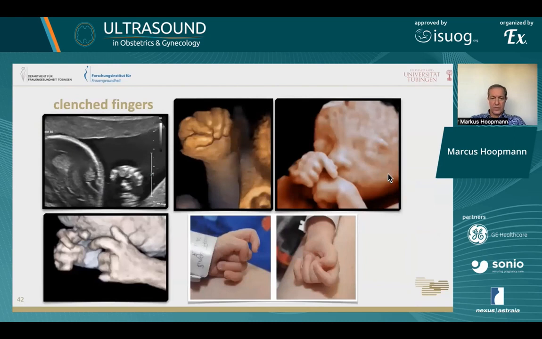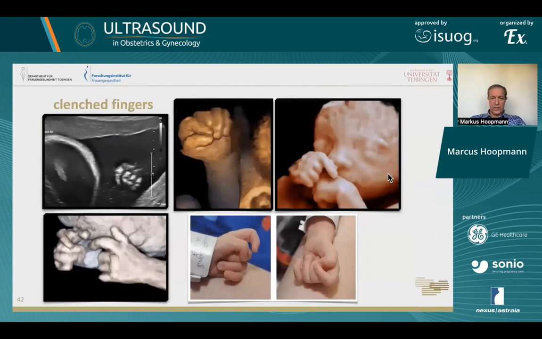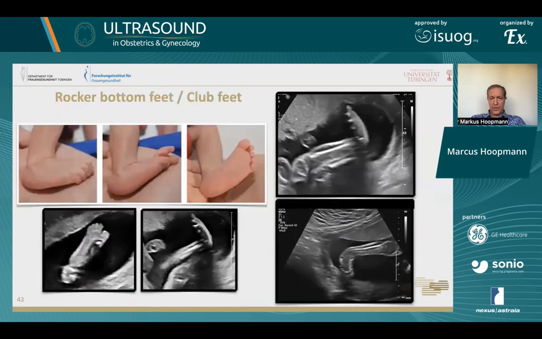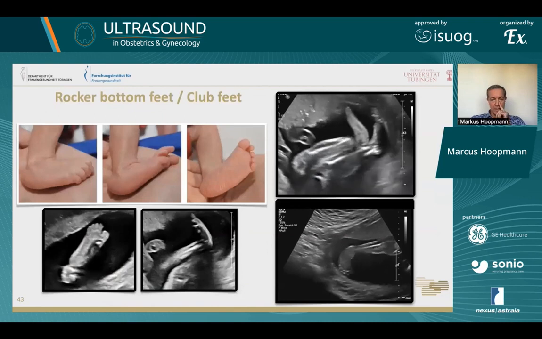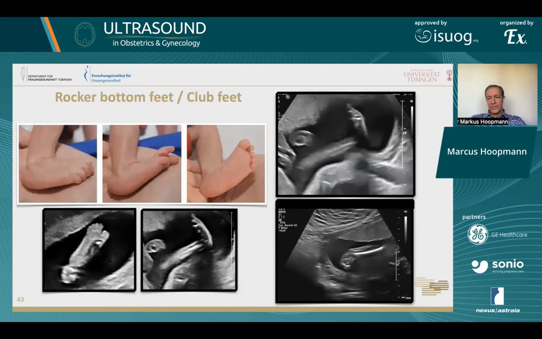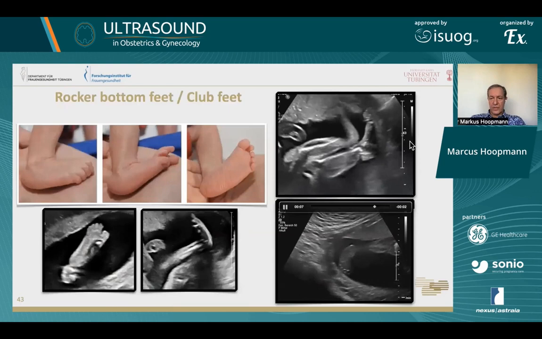Looking at the extremities, we see this typical clenching of the fingers, so especially the second and the fifth finger are across the others. Looking at the feet, we see two different malformations.